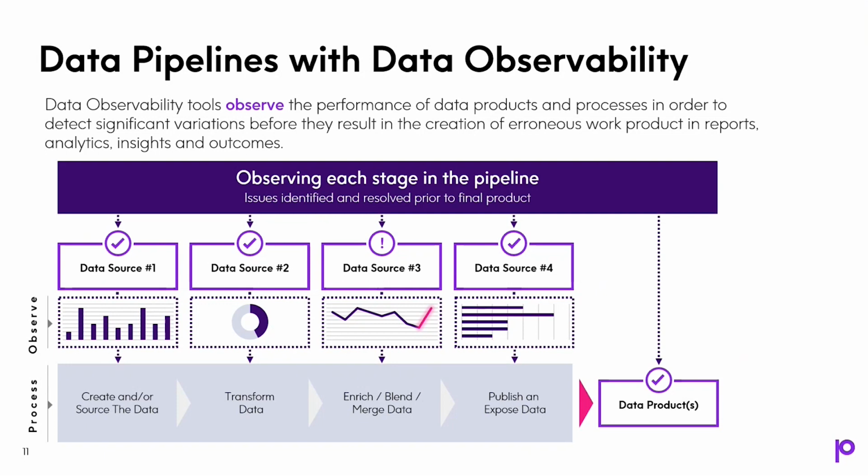Data source number 3 here is applying enrichment as well as blending and merging of data. You can see there's some sort of anomaly that has the potential to jeopardize the final data product. Catching it early in this stage allows the appropriate resource to be notified. The issue can be assessed and resolved before the data is made available for consumption.